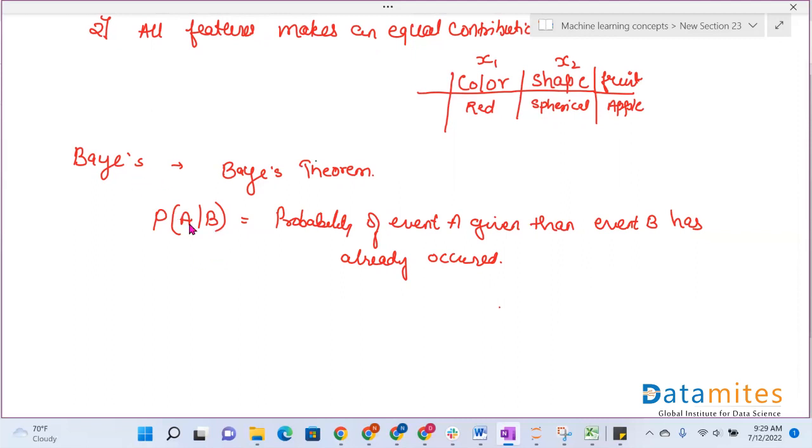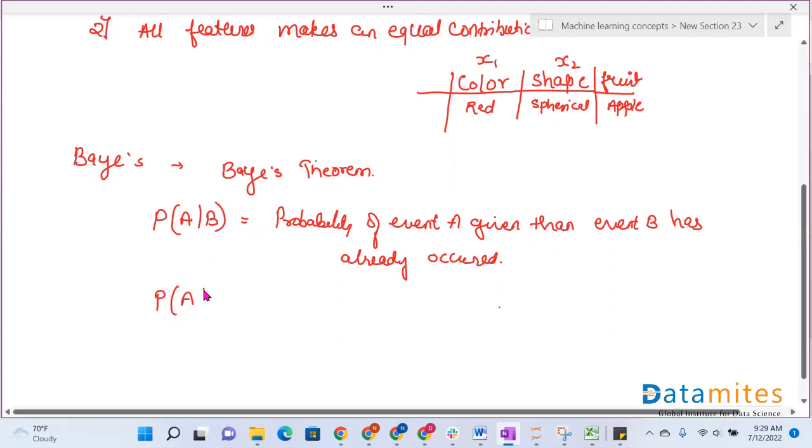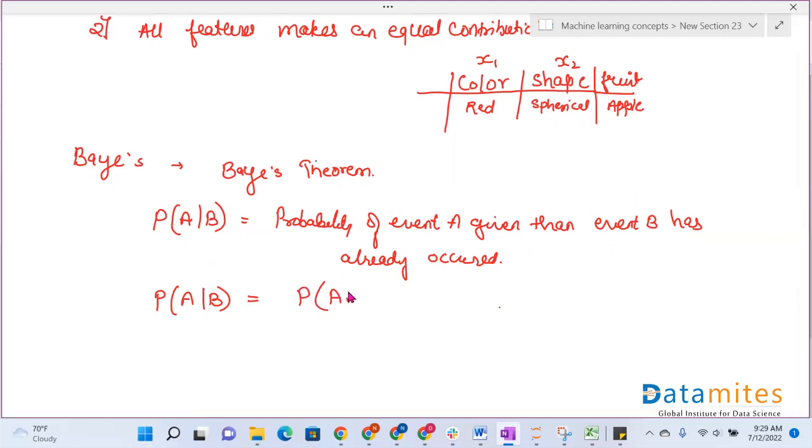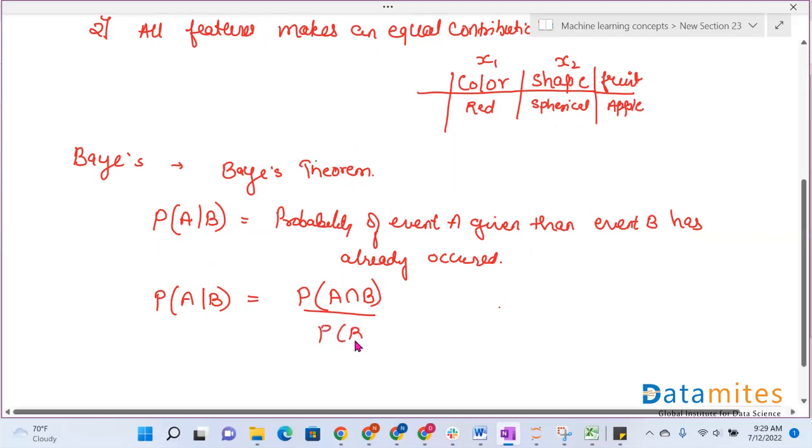Bayes theorem uses this concept. The conditional probability of A given B, that is, A given that B has already occurred, is given by the formula: probability of A intersection B divided by probability of B.